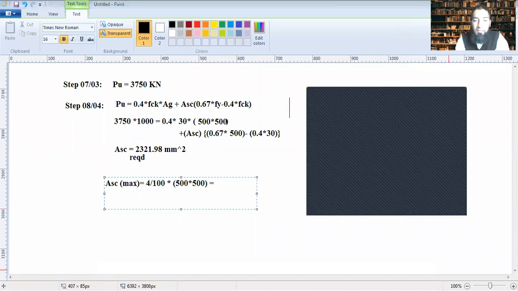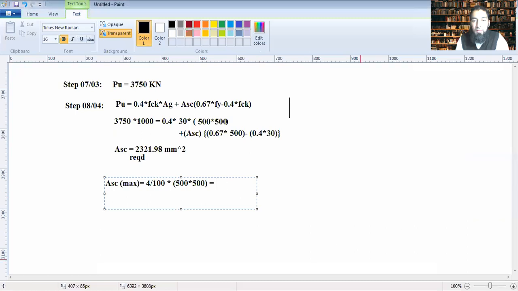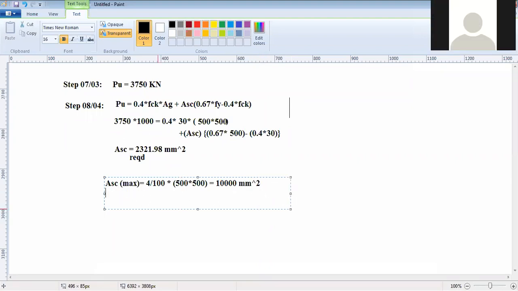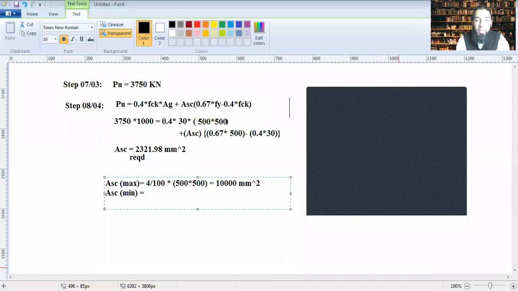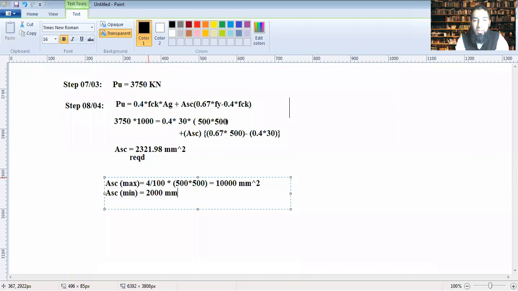So this is 10,000. Did someone check? Is it 10,000? Yes, sir. And what is ASC minimum? That's 0.8% of 500 into 500. That's 2,000, so this will be 2,000 mm square.